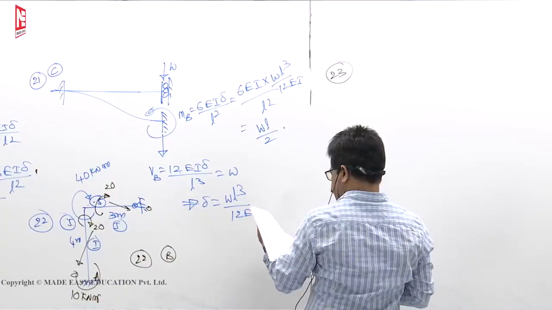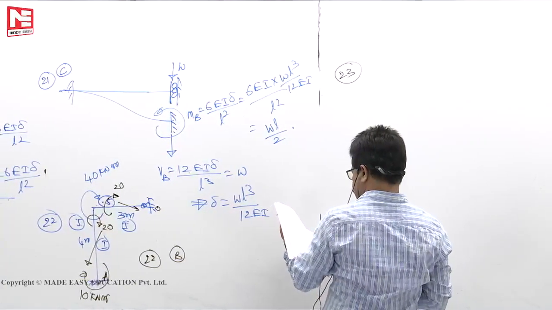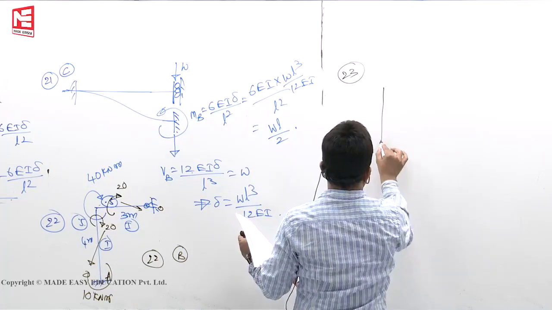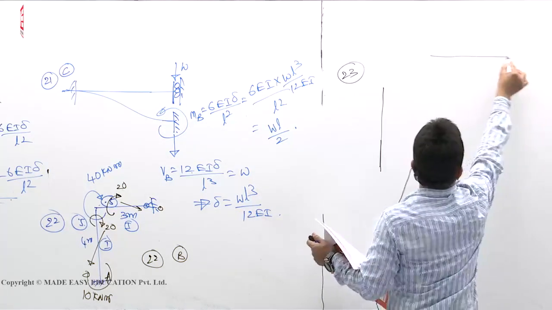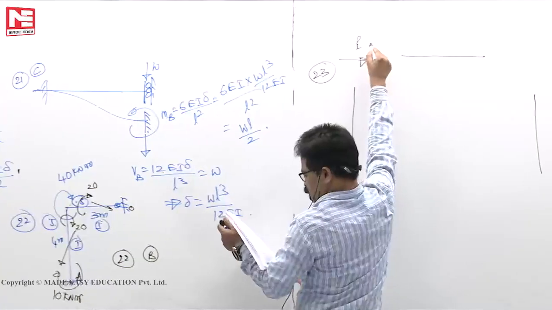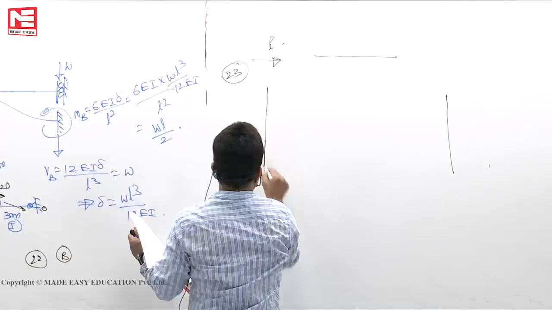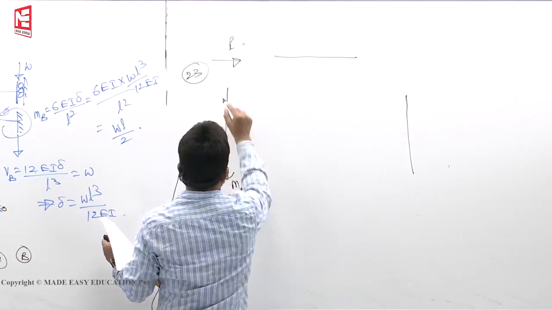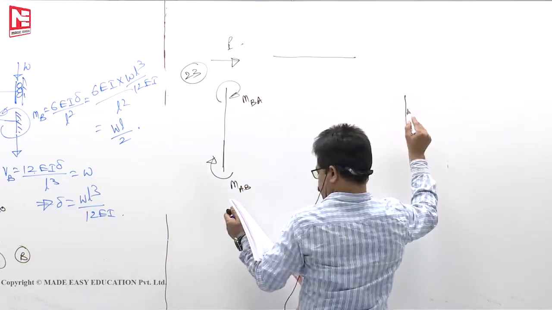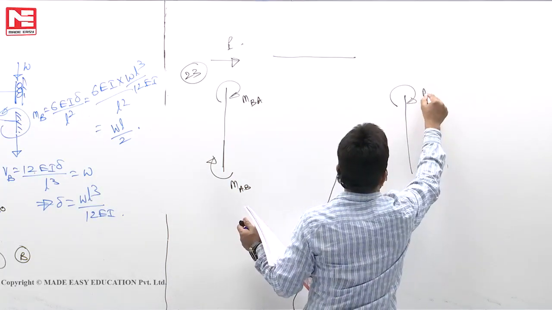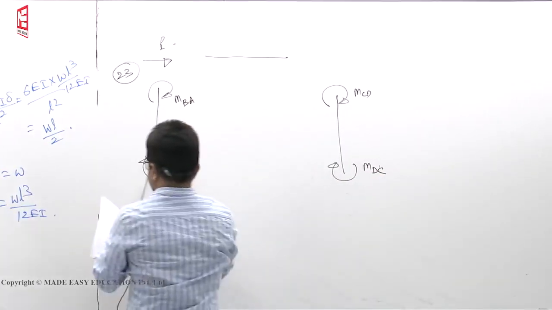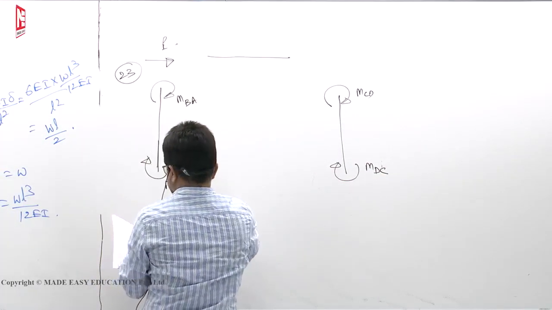What is the shear equation in the slope deflection method for the portal frame shown below? So these 3 diagrams we have to draw, I told you. P should not be kept on any free body diagram. This is MAB. This is MBA. Here MCD. This is MDC. Then the reactions.